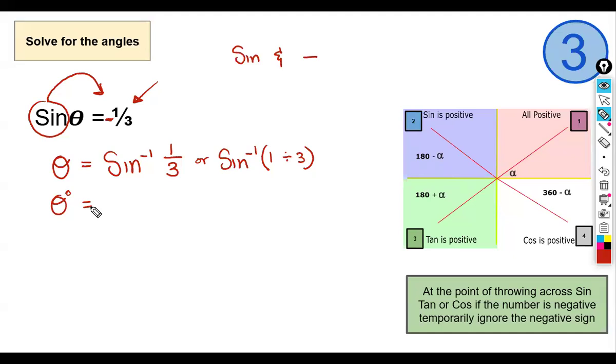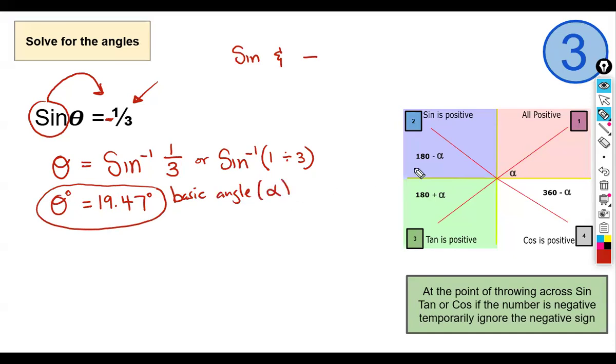Right, answers are coming up fast. I'm getting 19.47 degrees. Now, remember, we were ignoring the negative sign. So this is just our basic angle, better known as the alpha in this diagram here.